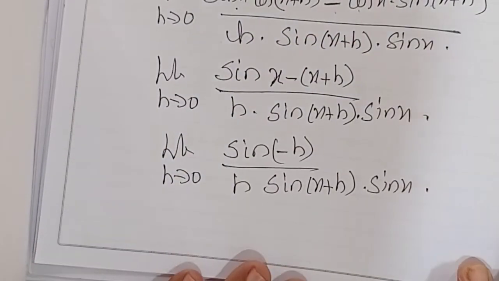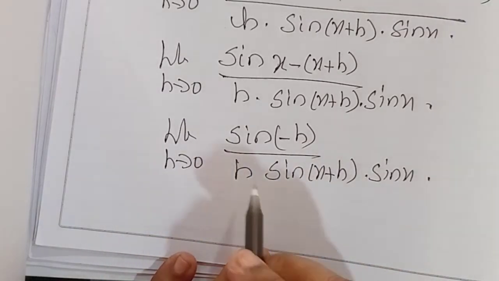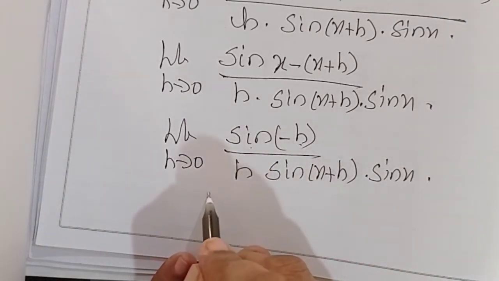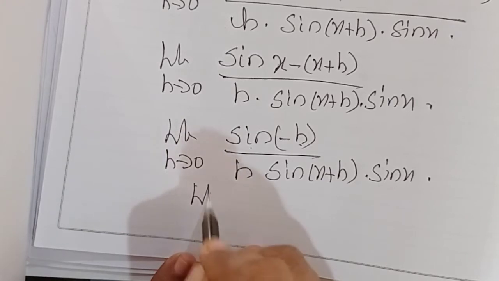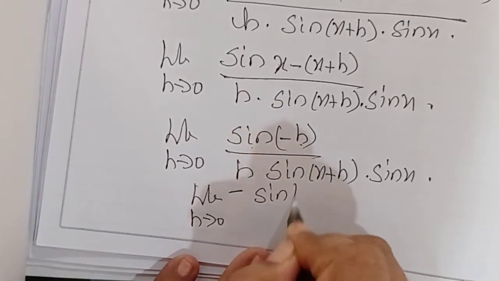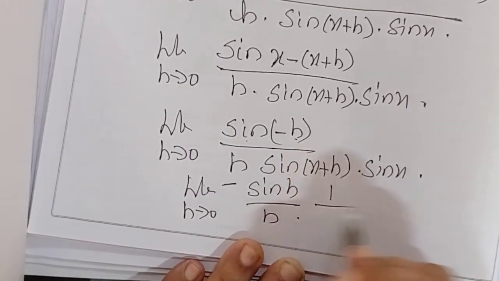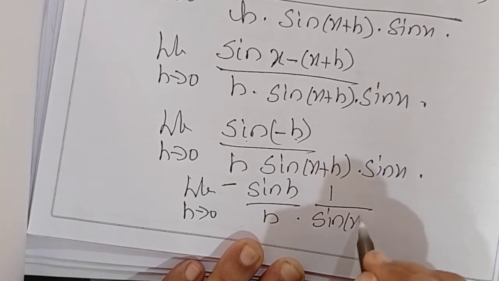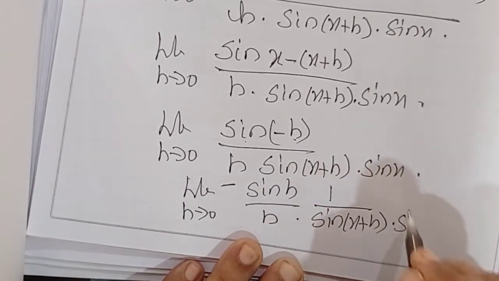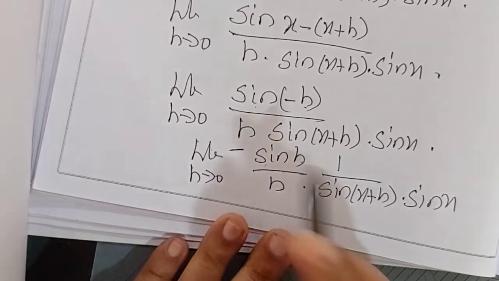Study all the results from trigonometry. Then only you feel it is easy. Then sin minus theta is minus sin theta, you can take that minus outside. Limit h tends to 0 minus sin h by h, understand? By 1 by sin (x plus h) into sin x. This tends to 1. Sin h by h is 1.